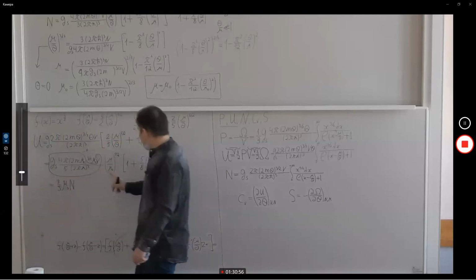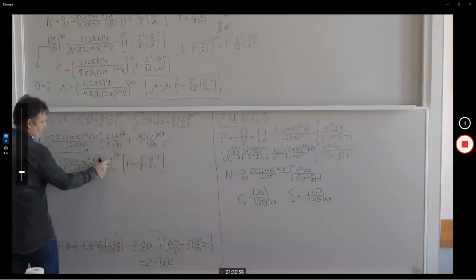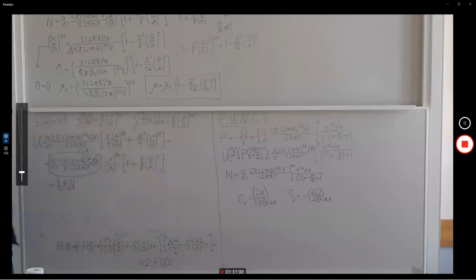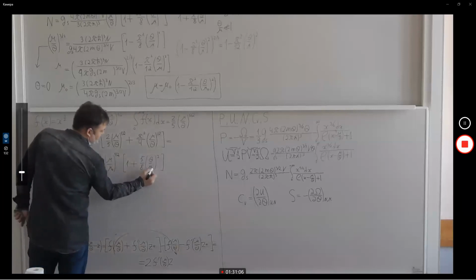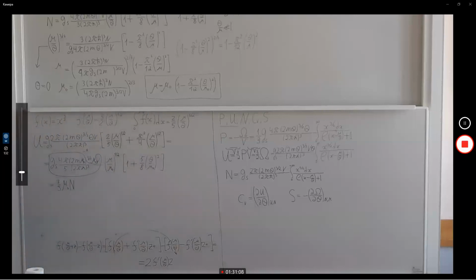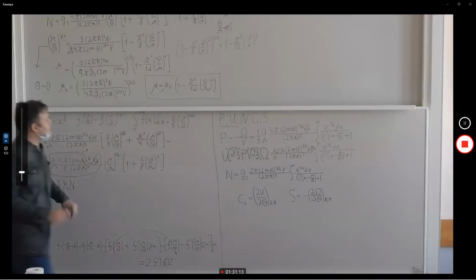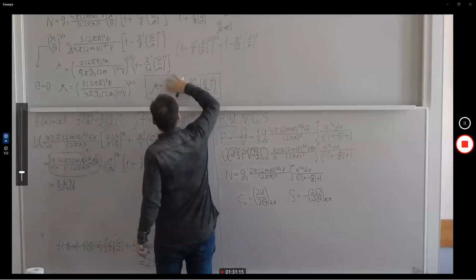And here I have dependence on mu, here and here. Without losing precision, I can put mu sub 0 here and expand this ratio in the Taylor series.